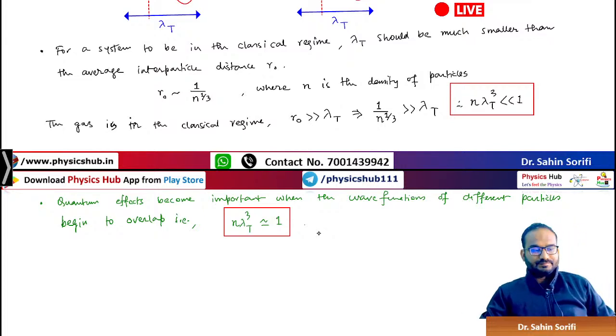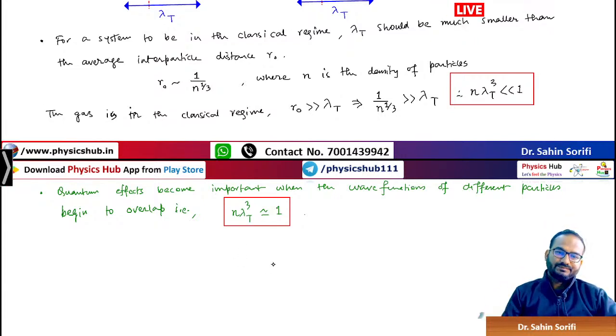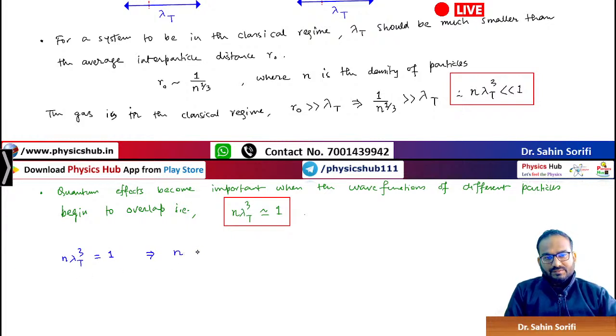Yes, Murli. So we can say that n lambda T cubed equals 1. It defines a curve in the T versus n plane, isn't it? Here lambda T is h by root over 2 pi m k T, so n h squared over 2 pi m k T to the power 3 by 2 equals 1.